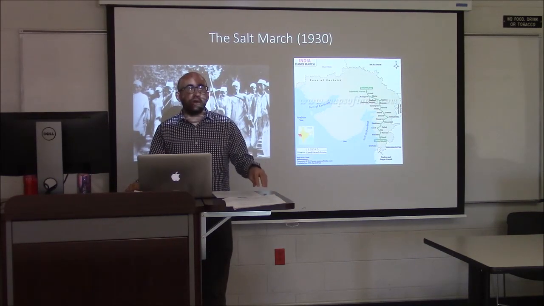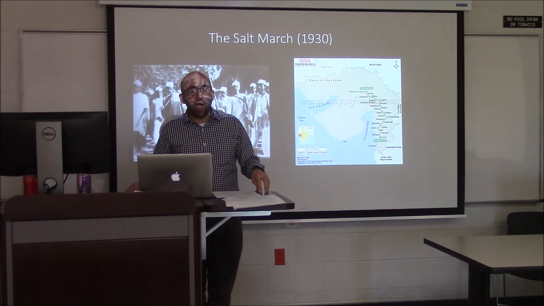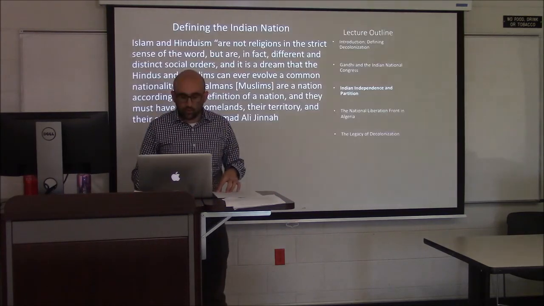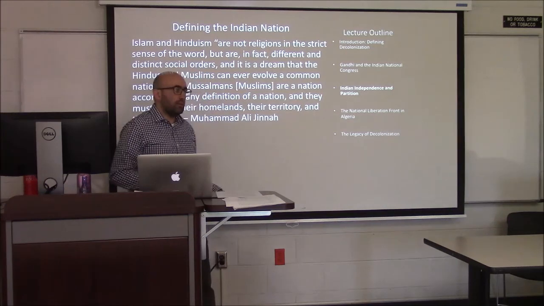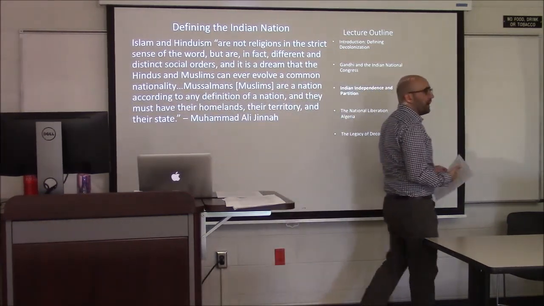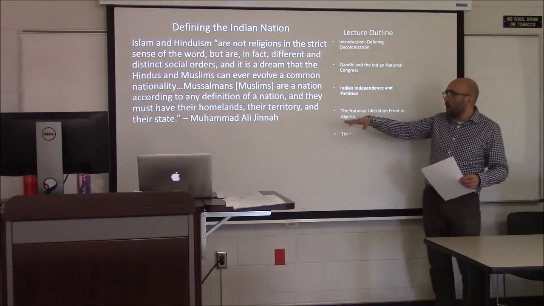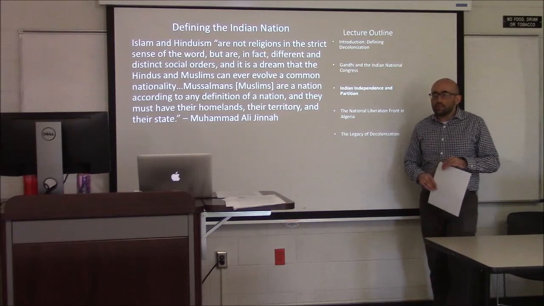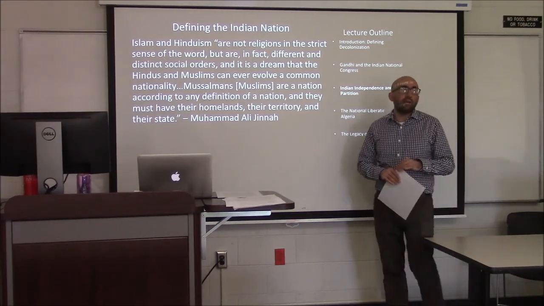Two things, however, intervened to derail the precise contours of Gandhi's vision of a united India. The first is the emergence of a rival organization led by Muhammad Ali Jinnah, the Muslim League. The Muslim League was another independence organization.